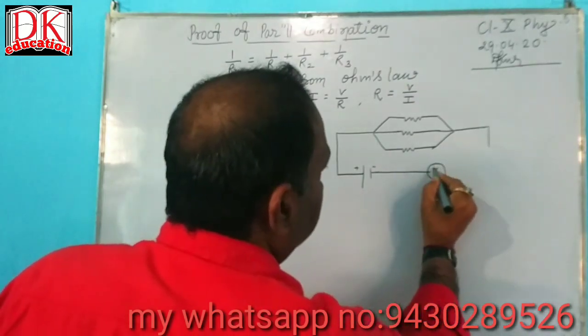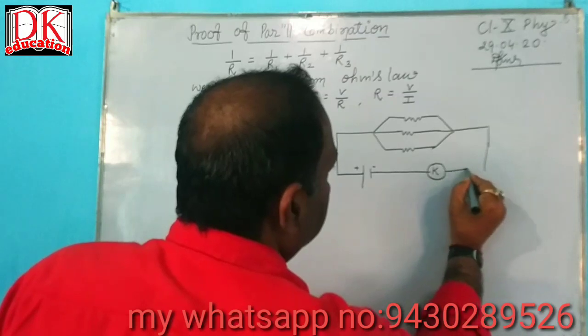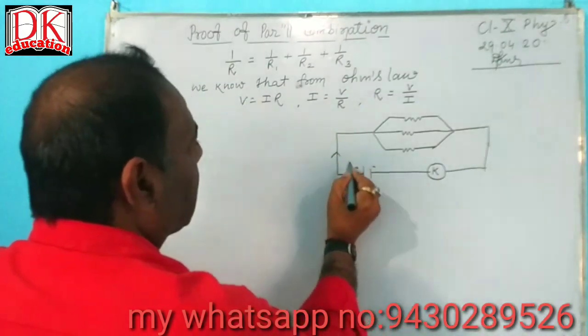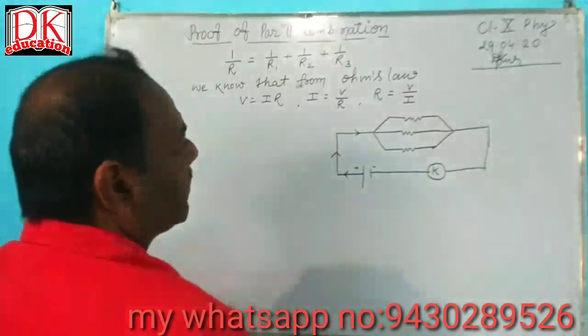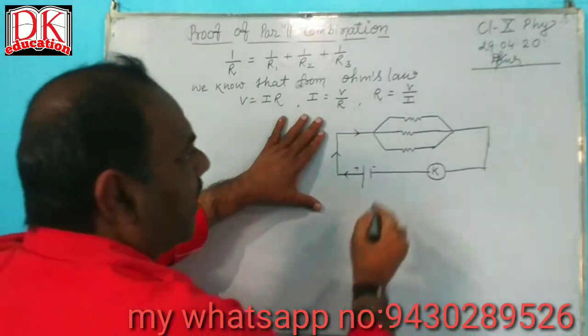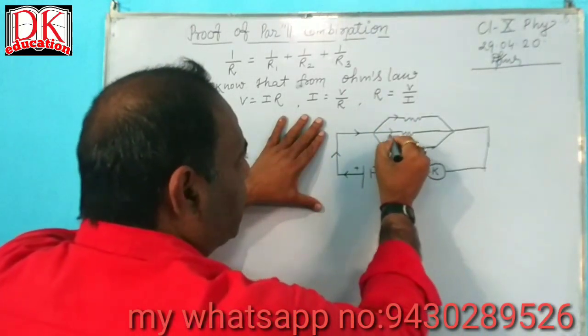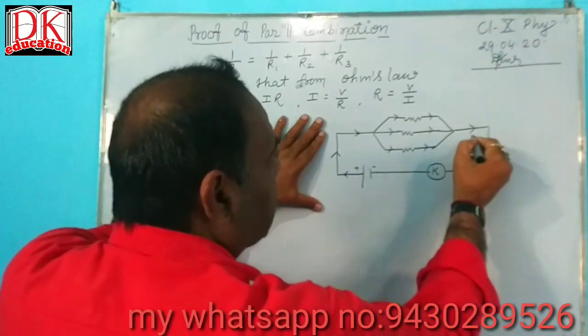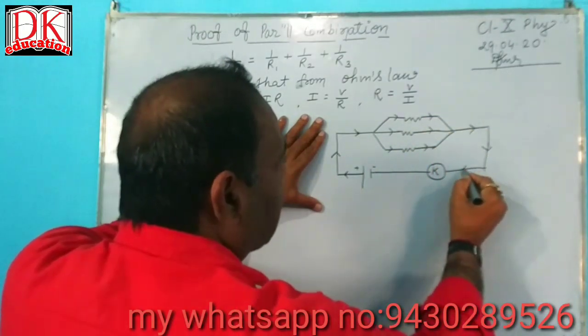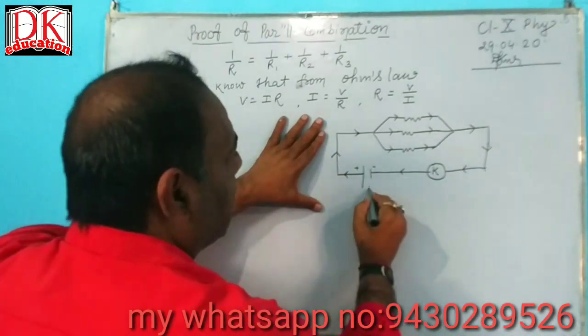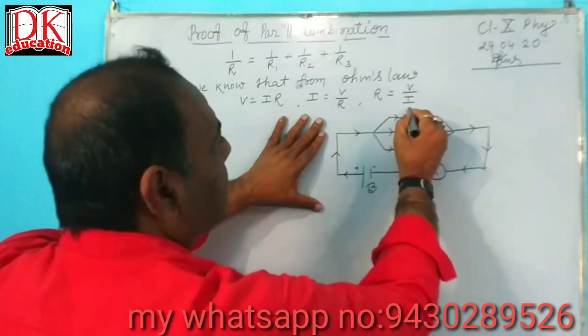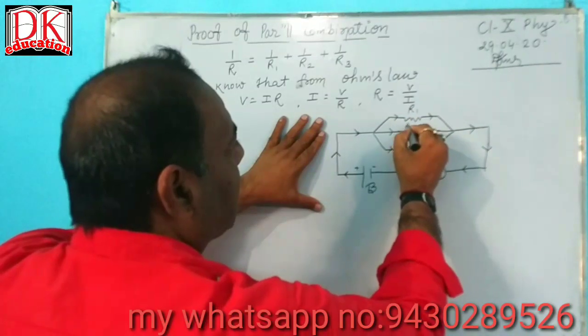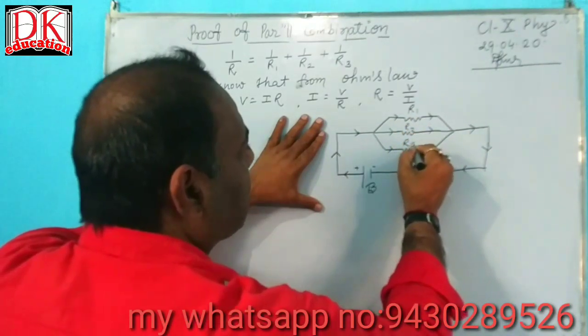We have a key, an on-off switch. Current passes through these resistors, and here the current is distributed. Let these be R1, R2 and R3.